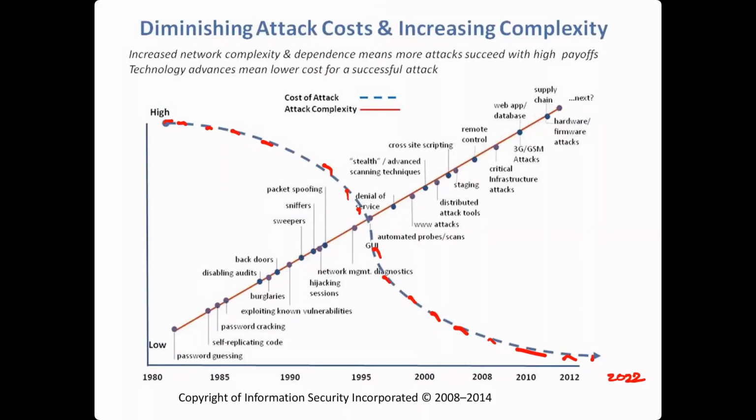It means that if you had to spend $1 million in 1980, now you can possibly do it for just $100 or even less. And the complexity of the attack is also increasing. Earlier these attacks were a simple hack, but nowadays they are very planned, project-managed attacks, right? So the complexity of attack is increasing while the cost of attack is decreasing.